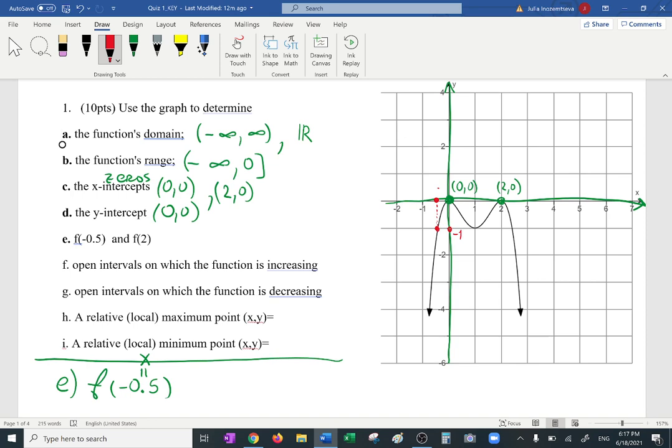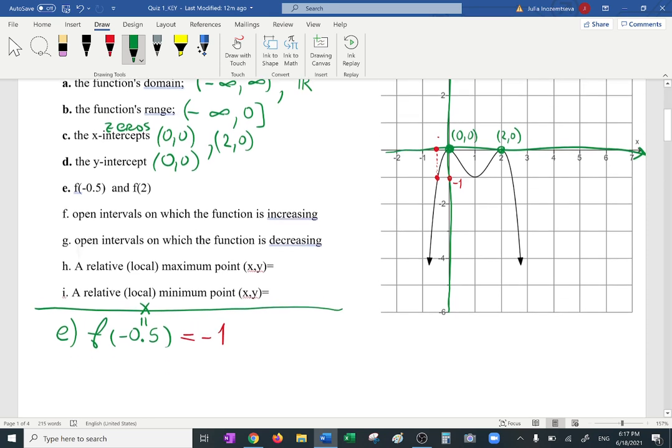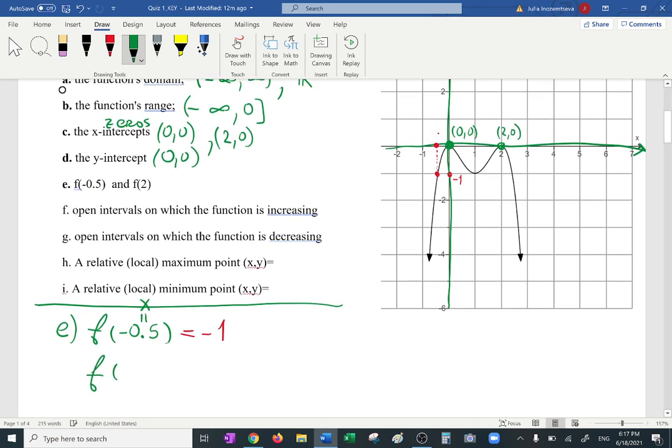So at minus 0.5, we got height minus 1. So it's 1 unit below the x-axis on the y-axis. For f of 2, that's again your input, x. So what is my y? Seems like that's 0. So this is my output for f of 2: 0.